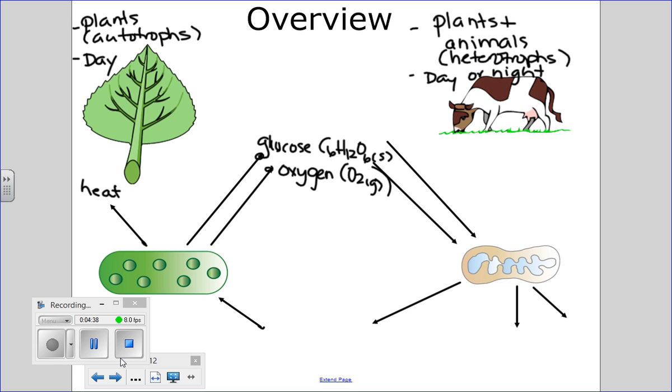So any time energy changes from one form to another, heat is produced. In this case, heat is produced because I'm taking solar energy and I'm changing it to chemical energy. So because I'm doing an energy conversion, there's going to be some heat produced. This is the second law of thermodynamics.